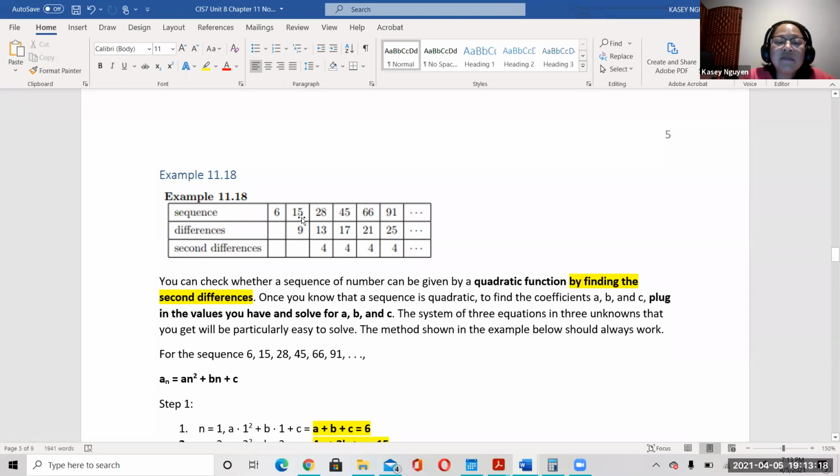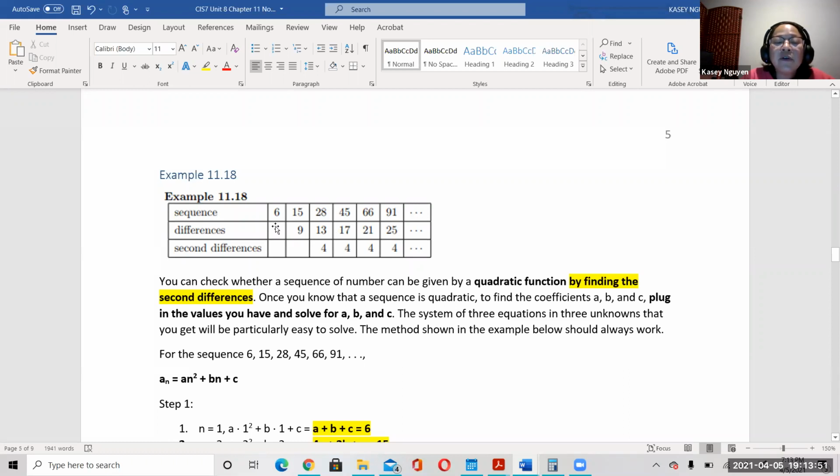If I take 15 minus 6, I get 9. 28 minus 15, I get 13. 45 minus 28, I get 17. 91 minus 66, I get 21, and so on. There's a pattern in the first level of difference, which is linear. So we can see that it is incrementing.